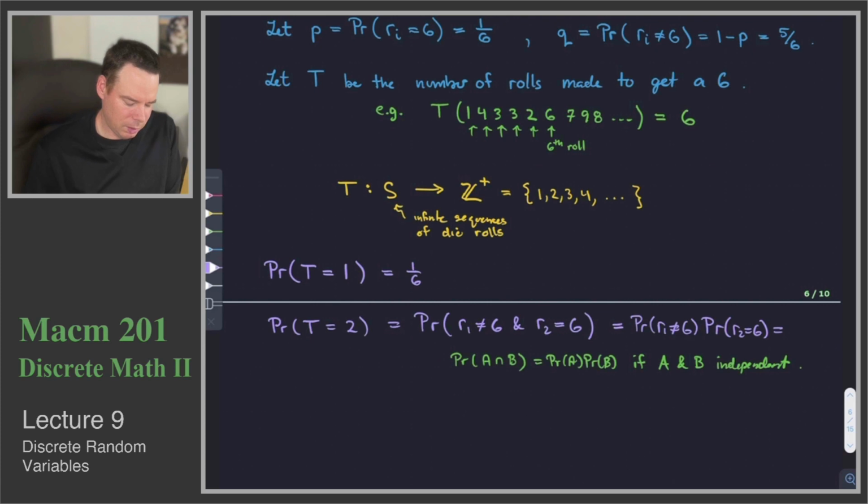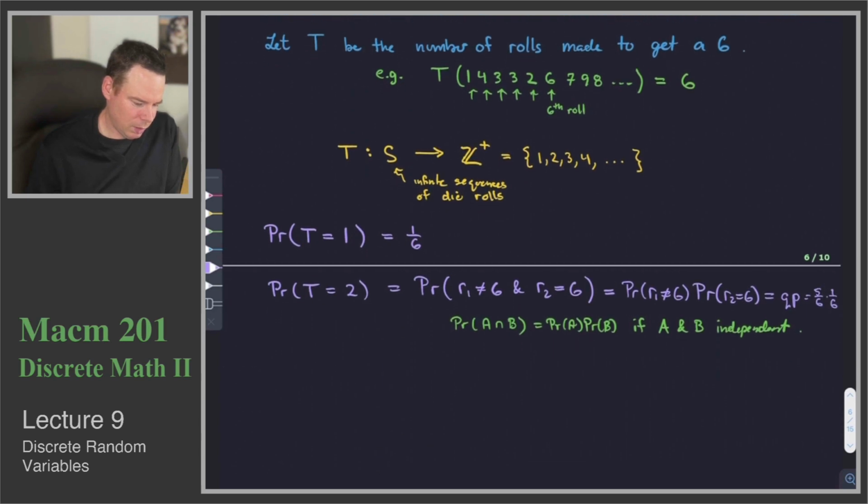What's the probability that I don't get a 6? That was Q. And the probability that I do get a 6 is P. And what is that equal to? That's equal to 5/6 times 1/6. So there's our probability that t is equal to 2.